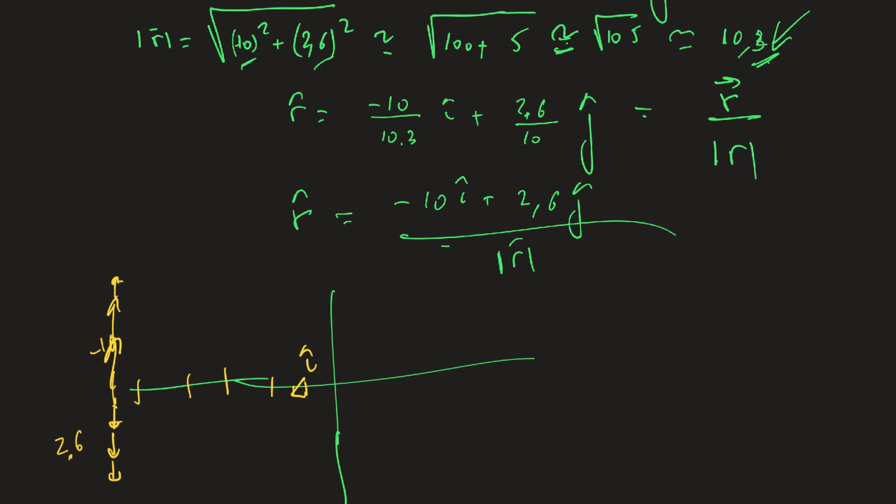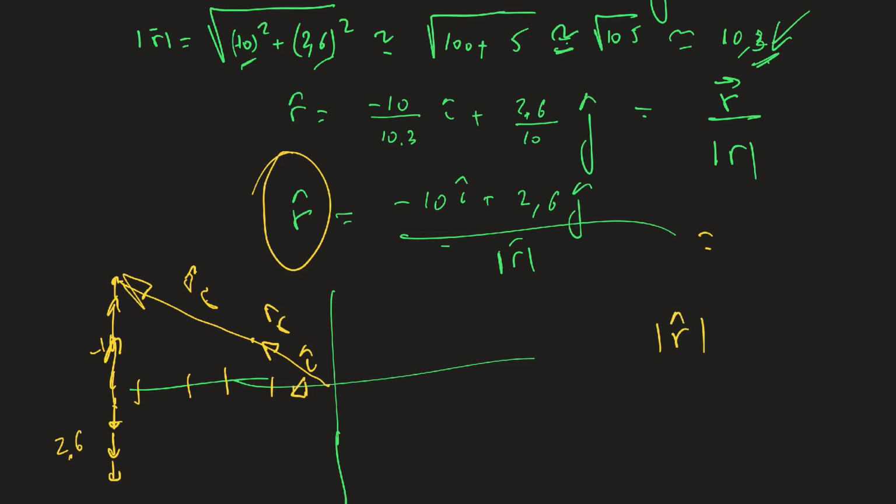So the vector r is this vector. And the vector that we are calculating, this vector, is the vector r with the cap. It has the same direction, but it has magnitude 1. So you calculate again, and you will check again that the magnitude, once you calculate it, should be 1.